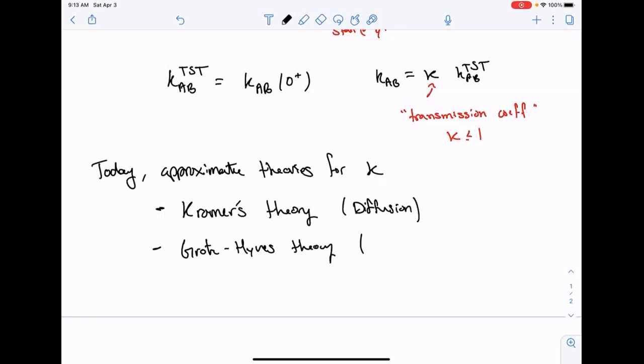And Grote-Hynes theory then models the dynamics at the top of the barrier with a generalized Langevin equation. Okay, so that's where we're going. We'll do those two calculations, get explicit values for explicit dependencies of kappa on parameters. And it's important to anticipate, I think, what we should expect kappa to depend on.